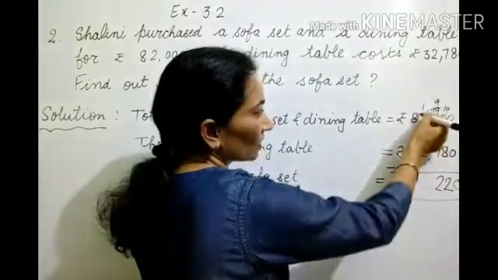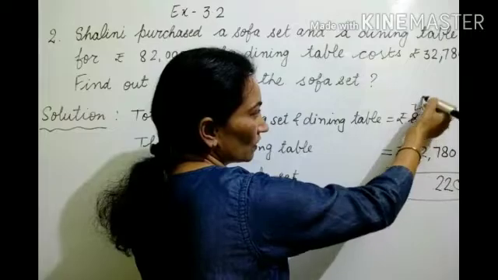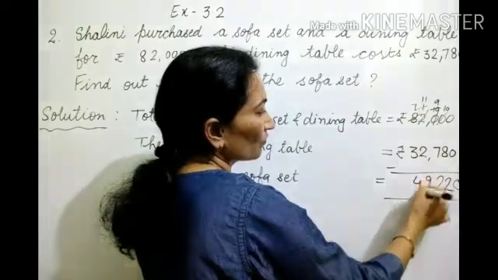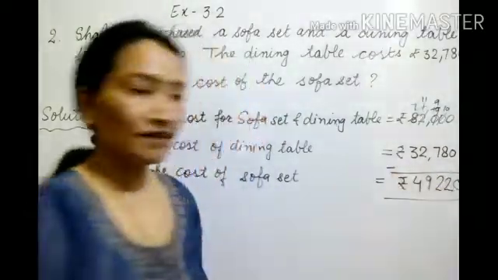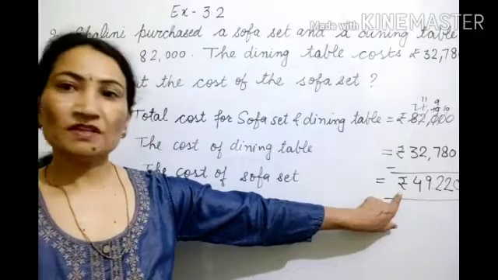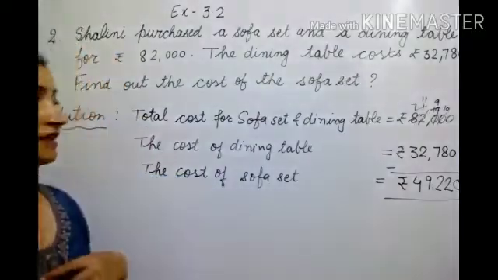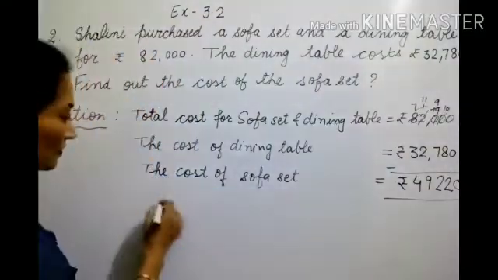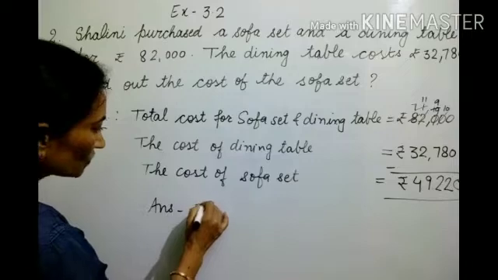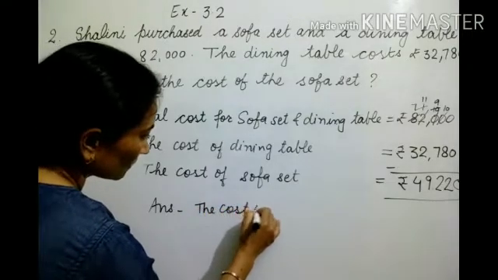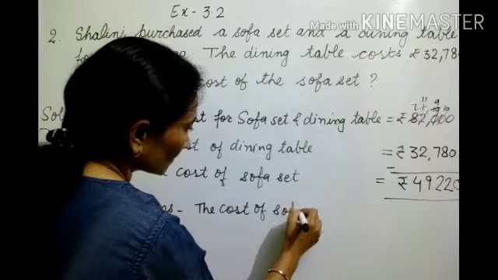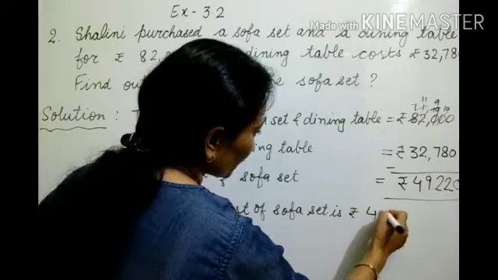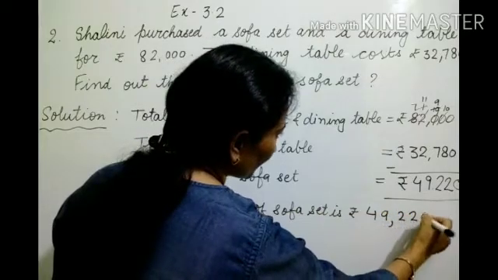Now 1 minus 2 we cannot do, so we will take borrow, 11 minus 2, 9, 7 minus 3, 4, and write the unit. Unit is here rupees, and rupees we will always write before the number, not at the back. So the answer is, the cost of the sofa set is rupees 49,220.